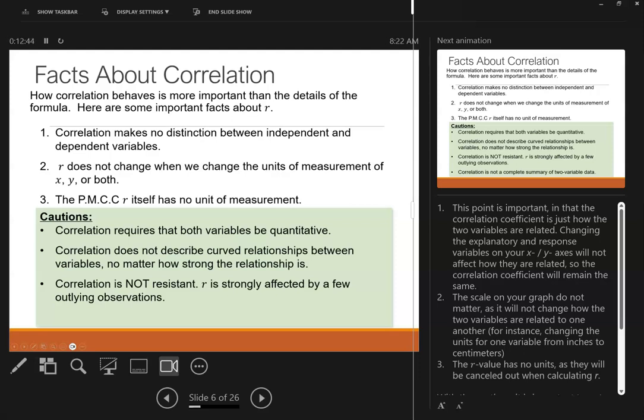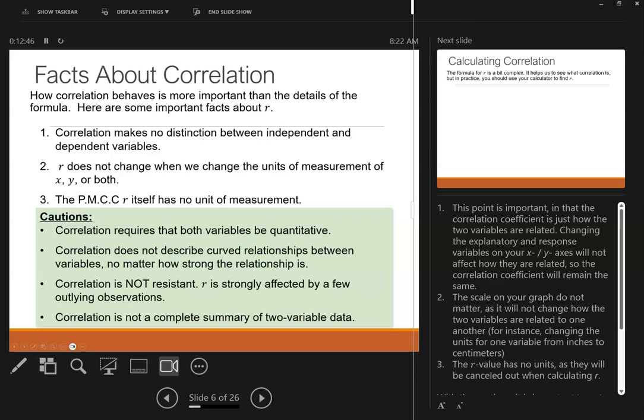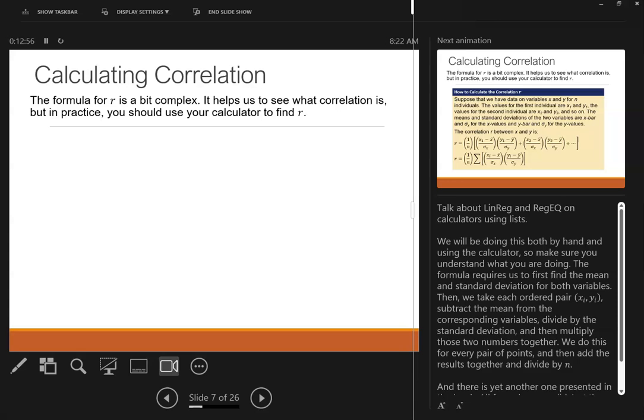Everybody's okay? And then the last one is that this is not a complete summary. It's not the end-all be-all. It's just one statistic.